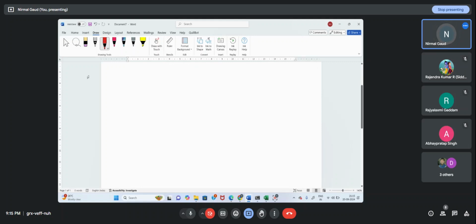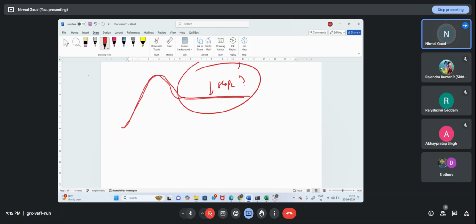It may happen that you are having a slope and then like this. How can I find the slope here? How can I find the slope of a straight line? Slope can be found for a curve, not for a straight line. This is the point of inflexion. This region to this region is the point of inflexion.